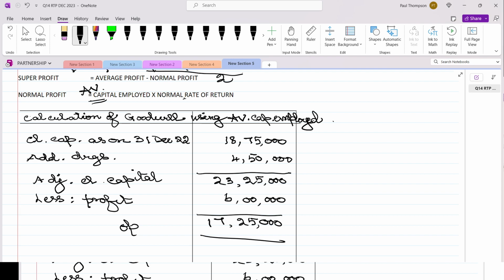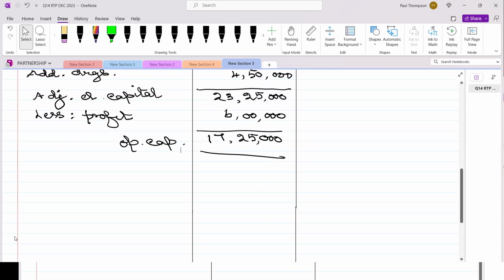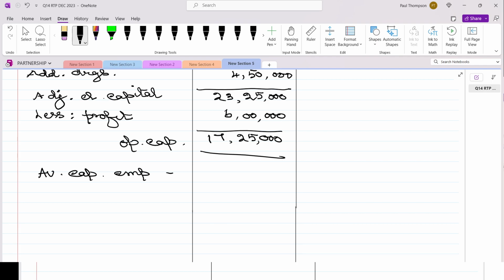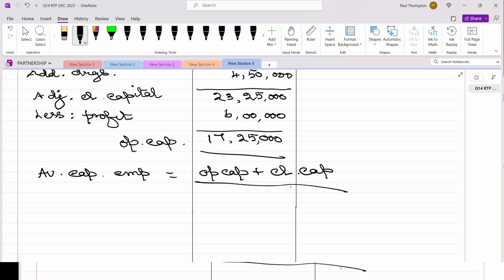Now I can find out the average capital because I have the closing capital as well as the opening capital. Average capital employed is equal to opening capital plus closing capital divided by 2. Please bear with me for my writing. The opening capital is 17 lakh 25,000.